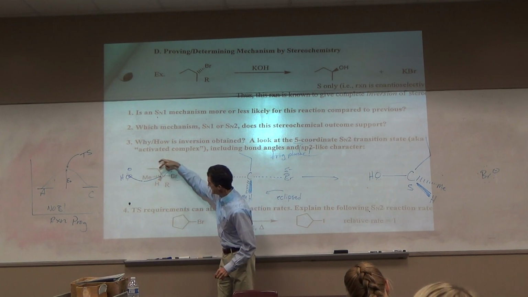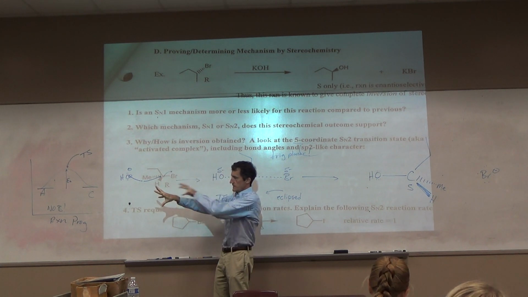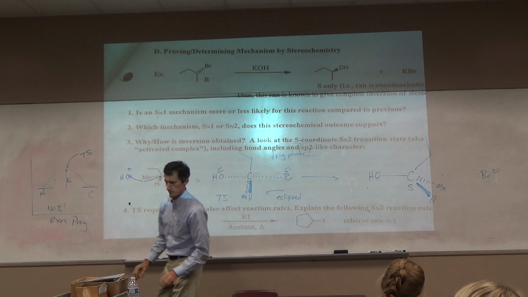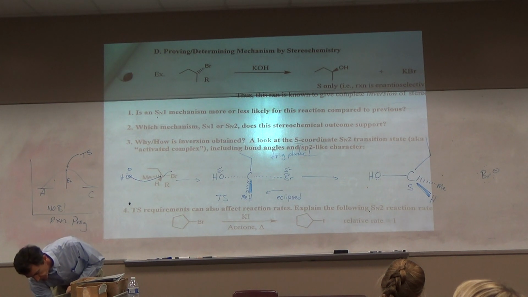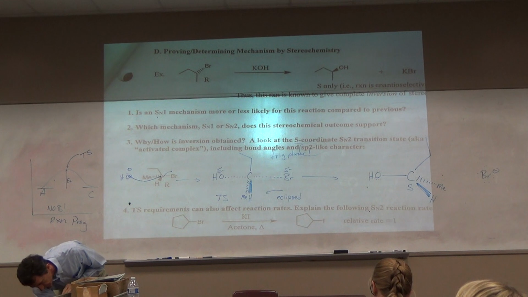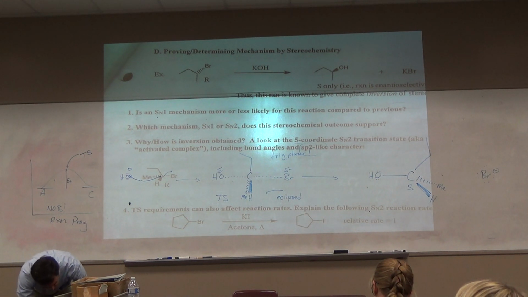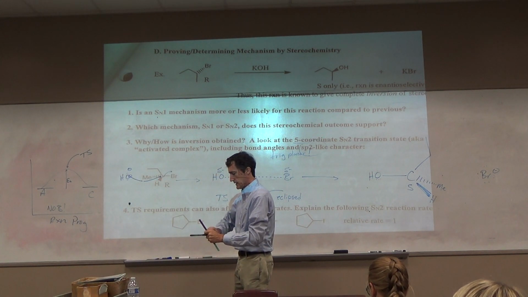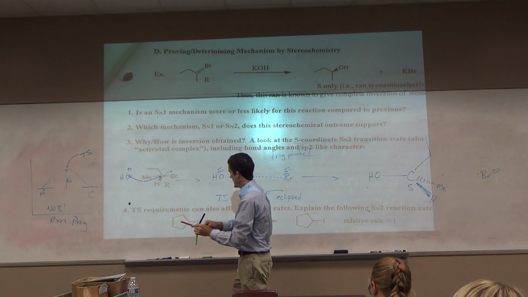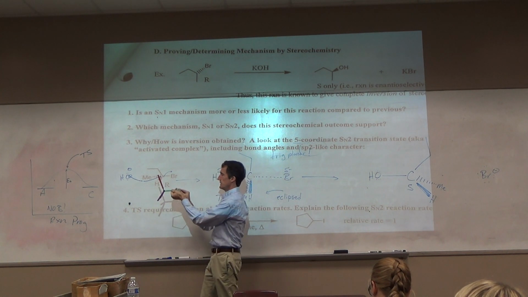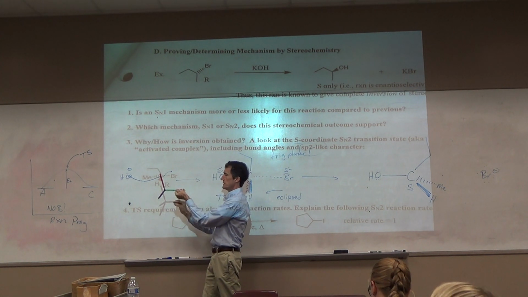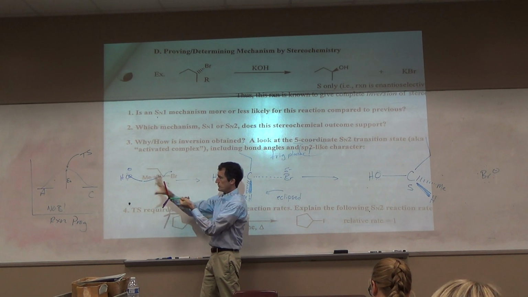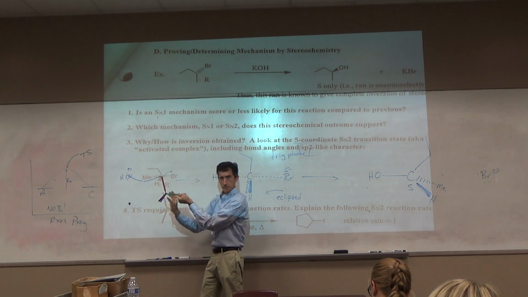Here's the carbon, and these 3 groups are sort of like this, and the bromine is here. We can pull out the model. If bromine is in the plane here, bromine green coming, the other 3 groups are that way, and they're also a little bit that way.